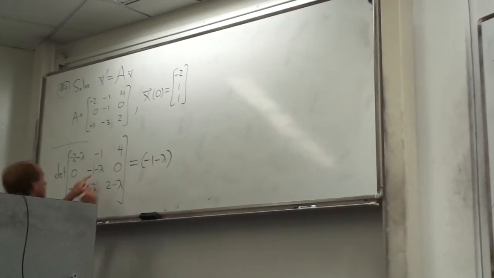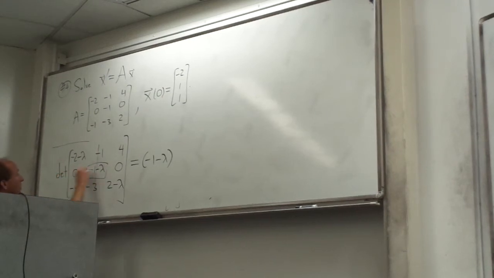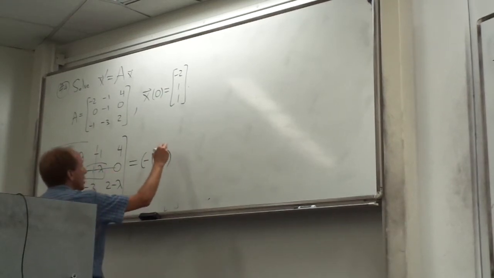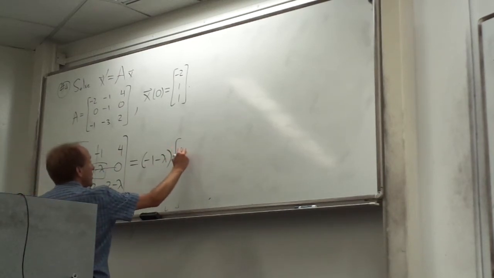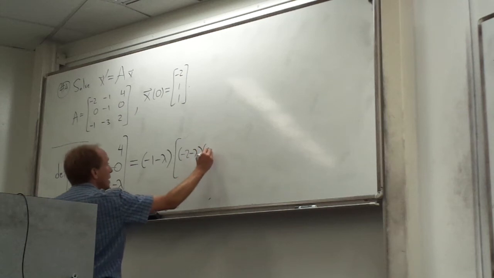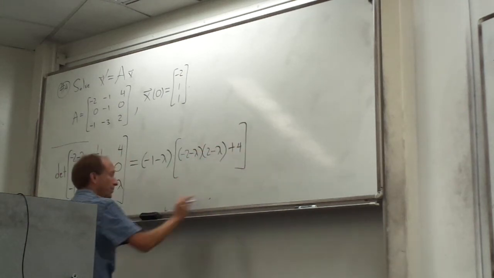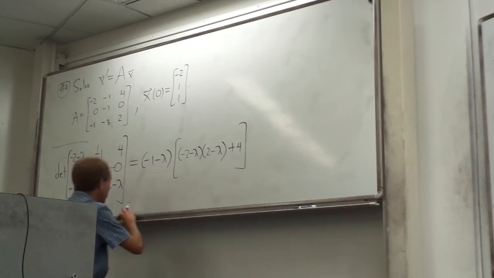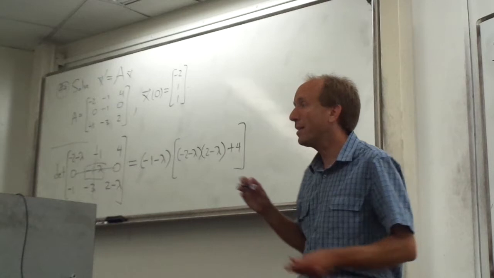-1 minus lambda is right here. And then I cross off that row and column, and I have just the determinant of the 4 numbers on the outside corners, right? So that's going to be (-2 minus lambda) times (2 minus lambda) plus 4. Okay, it's really important that you do this part carefully because you want to get these lambdas right.